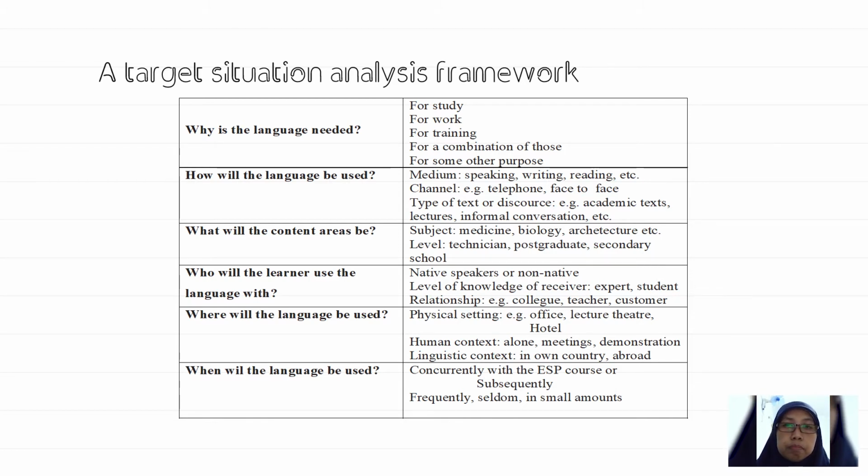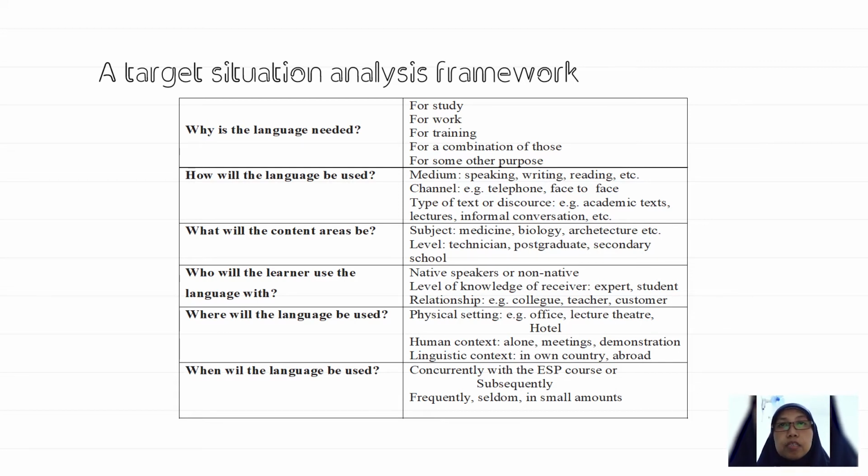This is for medium, like speaking, writing, reading, or channel, for example, telephone, face-to-face, or type of text or discourse, for example, academic texts, lectures, informal conversation, and so forth.